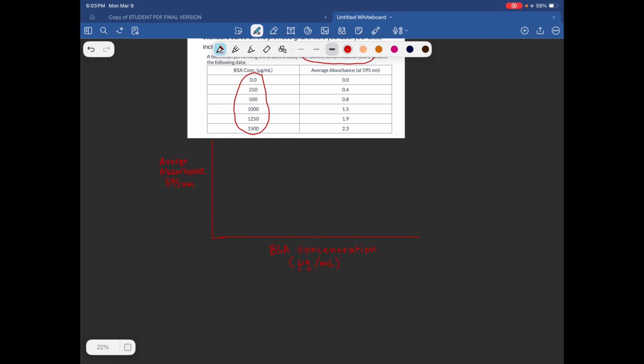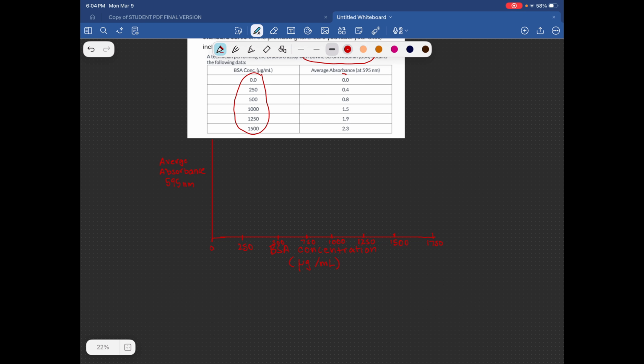So we'll do 250 units: 0, 250, 500, 750, 1000, 1250, and then 1500, and we'll take it out a little bit more, so 1750 there.